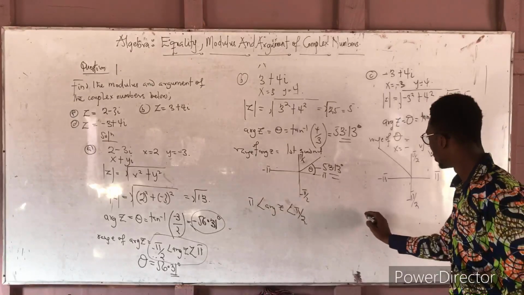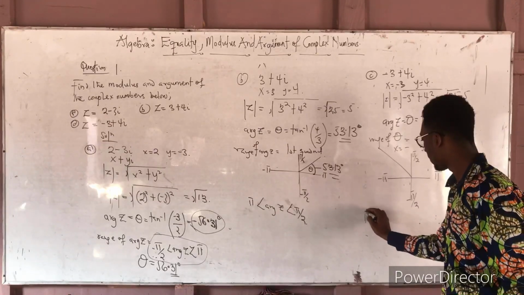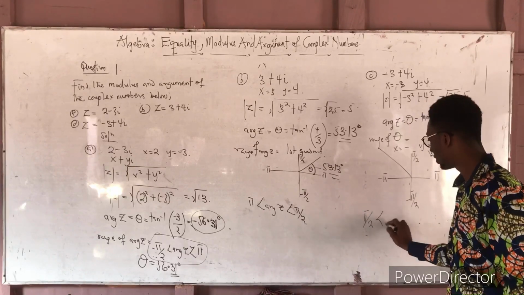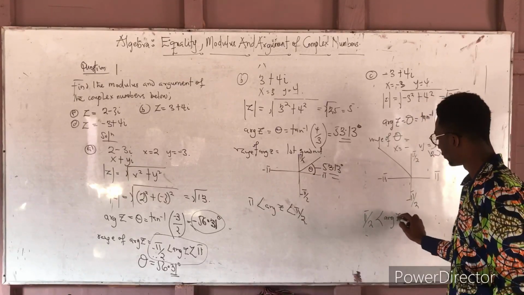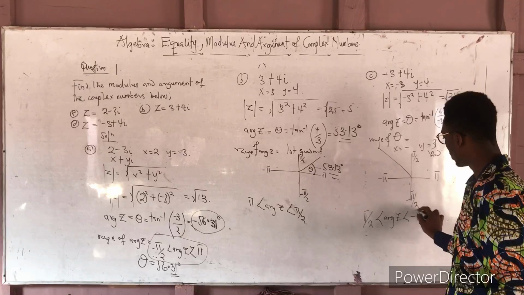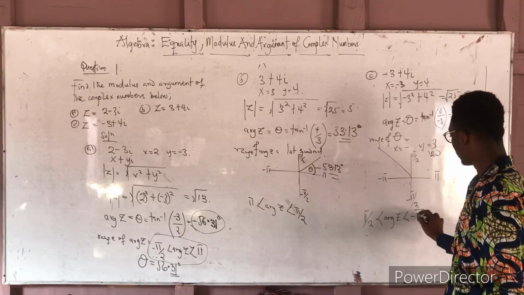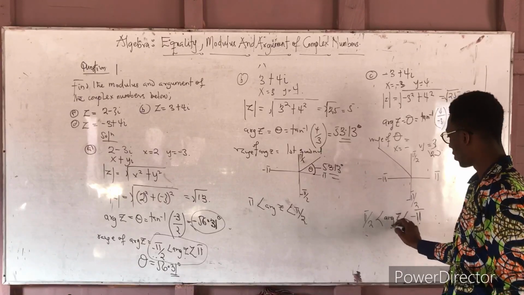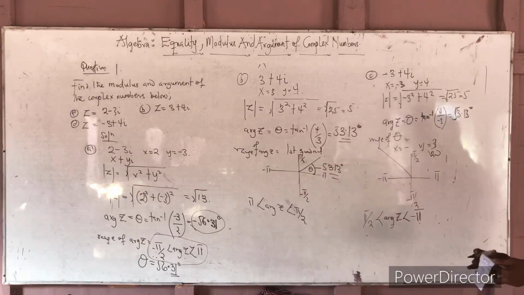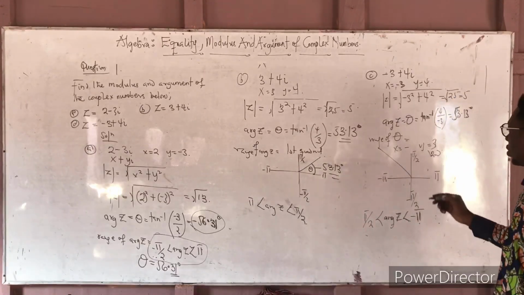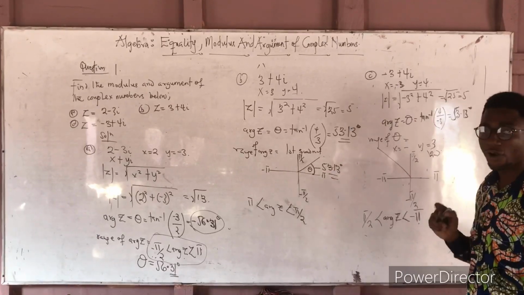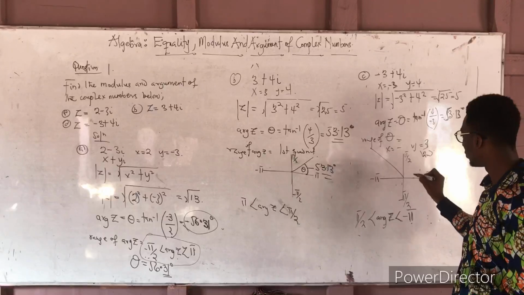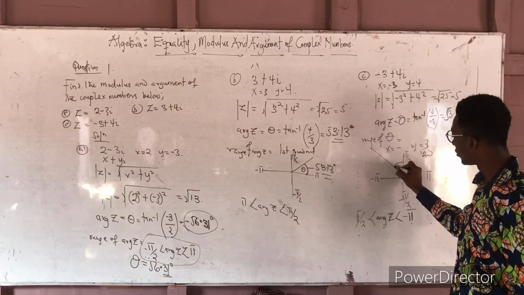So then the angle or the argument of the z will lie between pi on 2 and negative pi. So calculating the angle from the positive axis is from here to this point.